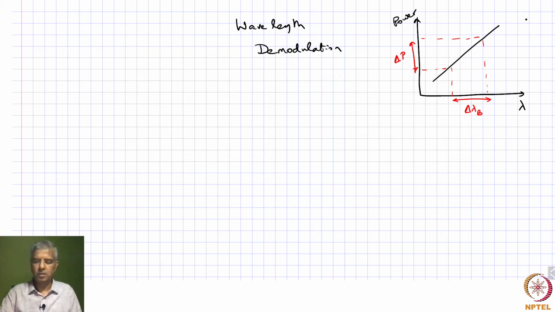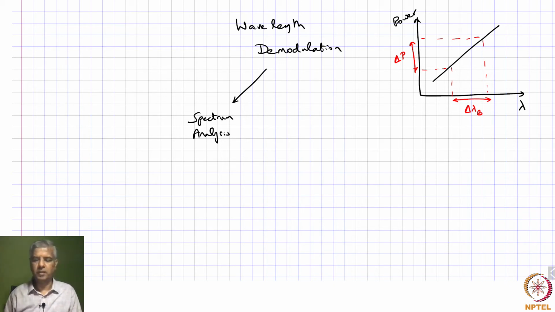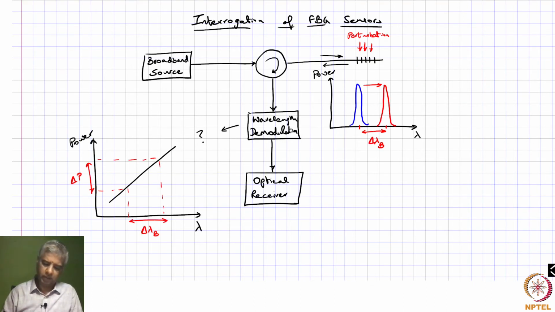Right, so this is what we want to achieve, and let us see how we can do this. One possible way of looking at this is a complete spectrum analysis. You capture the entire spectrum corresponding to this Bragg wavelength shift. So maybe we can capture this also.